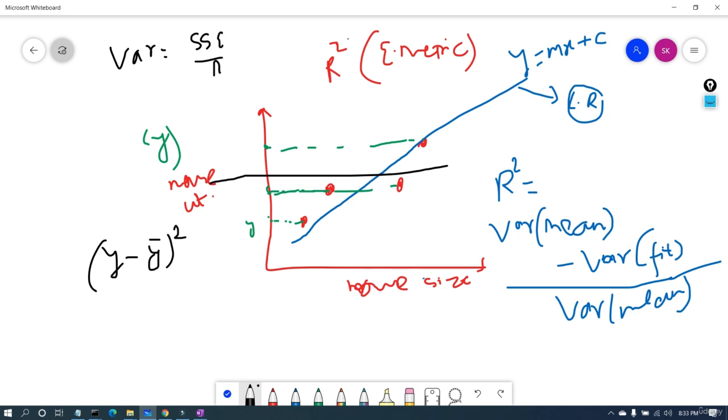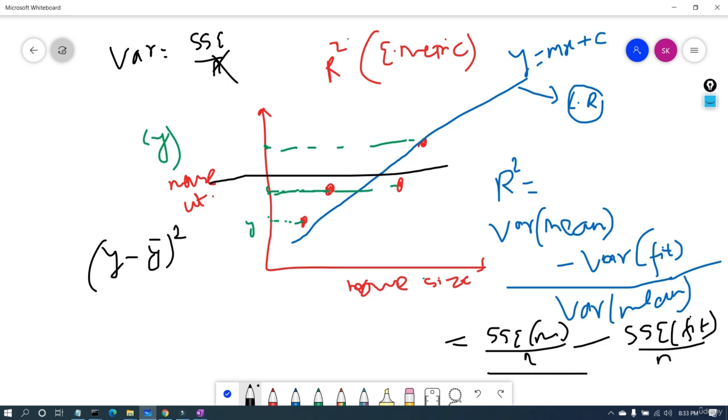Whenever we divide by n like this, the n cancels out, so it does not play an important role. The variance of mean has sum of squared error of mean divided by n, the variance of fit has sum of squared error of fit divided by n, and at the bottom we have sum of squared error of mean divided by n.